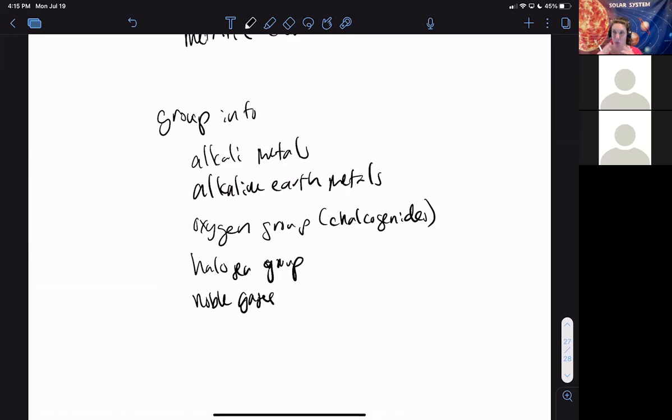You should understand what properties these have and how those properties change as we go down the group.